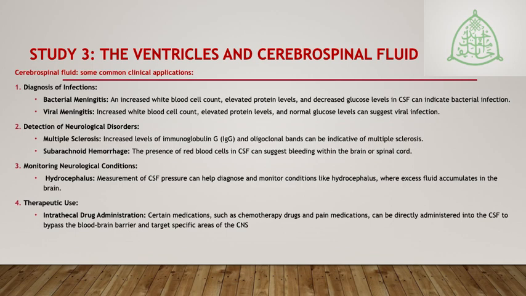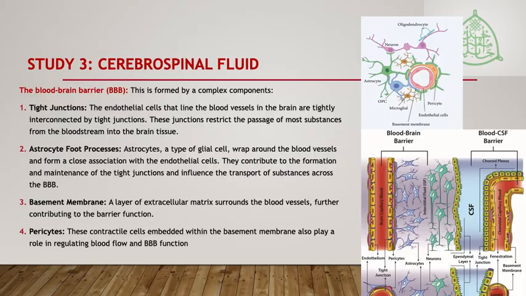When you take the cerebrospinal fluid from the subarachnoid space, you're going to see traces of blood. Therapeutic uses also include intrathecal drug administration. Like we said, we have the epidural, and chemotherapy drugs can also be administered there.